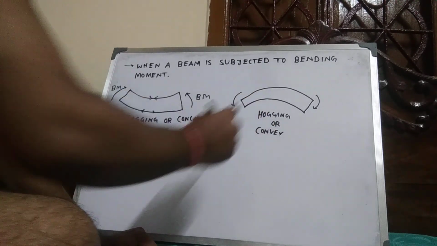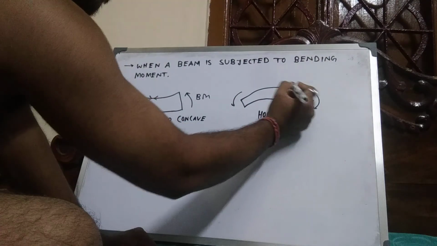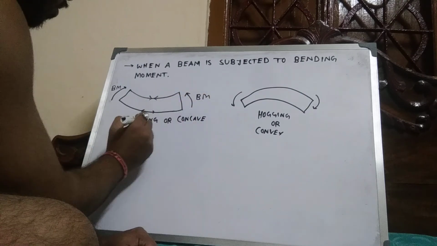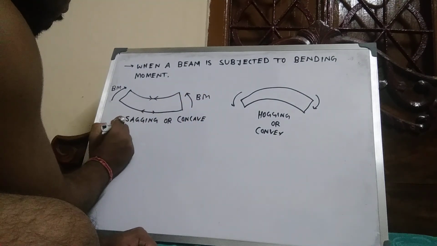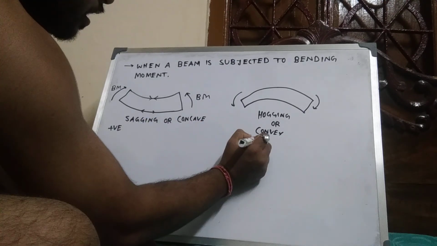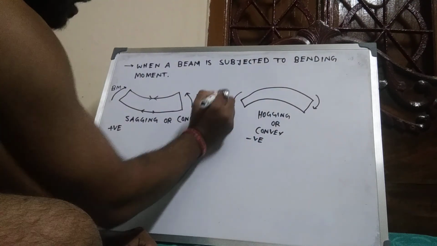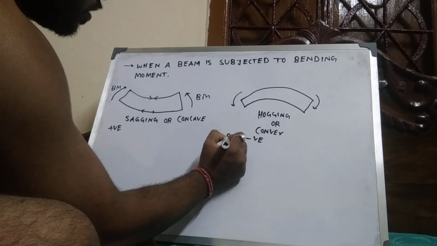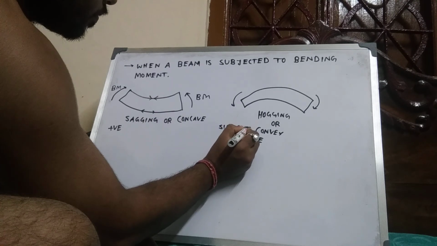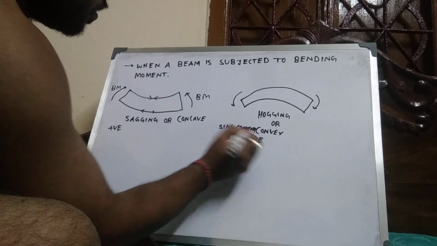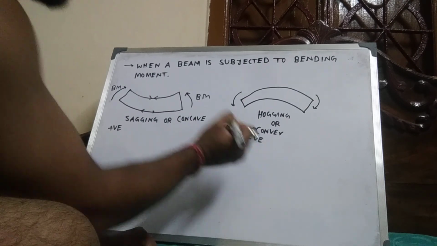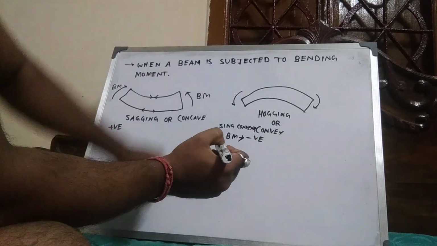Here it is hogging. The sign convention for bending moment is positive when sagging and negative when hogging.